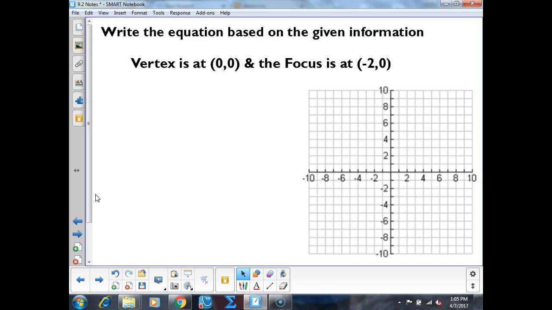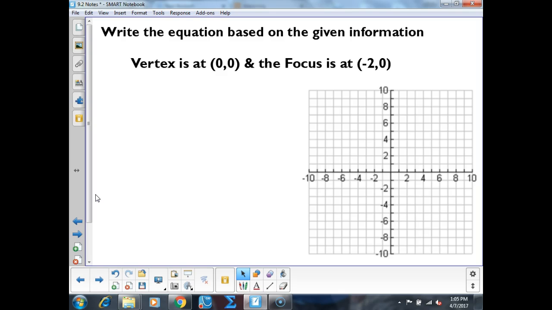It's the same type of process, you're just going the other way. If you want to make yourself a graph, that's fine. I'll do the first one with a graph. If you just want to make yourself a sketch, that's fine. I'll do the next two with just a sketch.